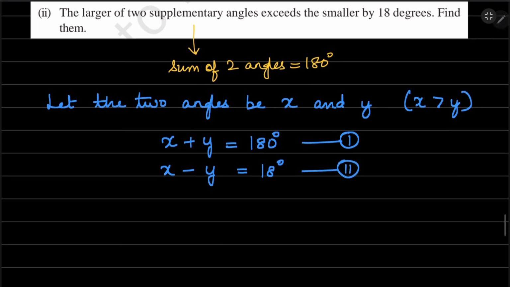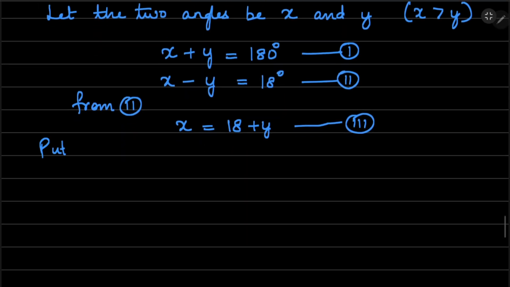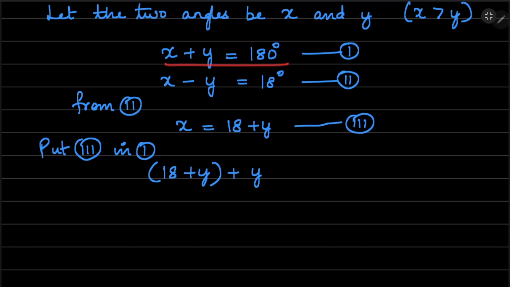Right? Let us use the substitution method. From equation 2, we can write x is equal to 18 plus y, and this is your equation number 3. Put equation 3 in equation 1. So what do you get? In place of x, I'll write 18 plus y. Again, you have plus y in equation 1 equal to 180 degrees.